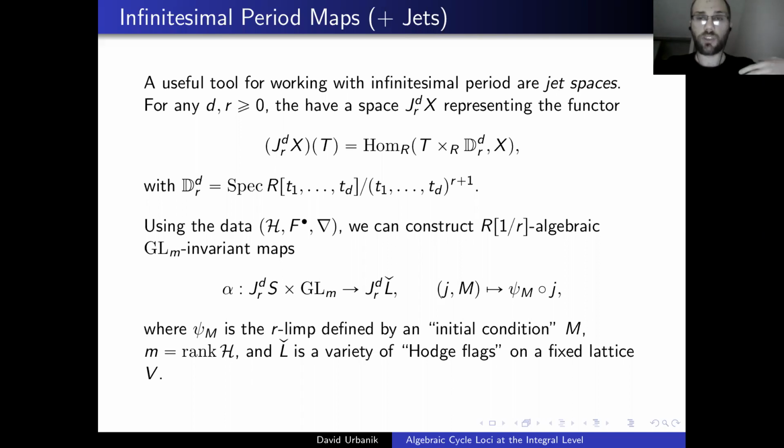And so using this data, you can construct, at an infinitesimal level, an evaluation map, which will take for you an infinitesimal disk at some point. And if you also give it an initial condition, which defines for you a solution to this system of differential equations, it'll output for you another infinitesimal disk, which is the image of the local period map with that initial condition on that disk.